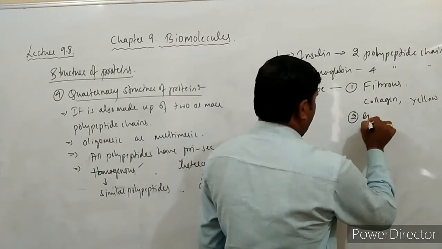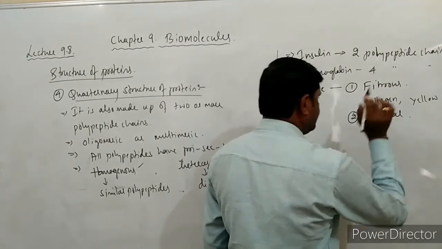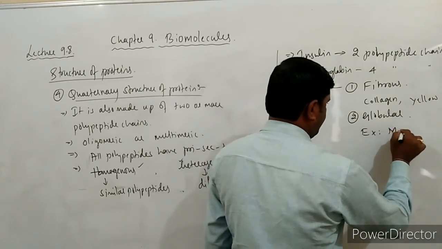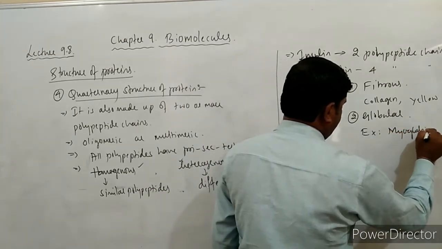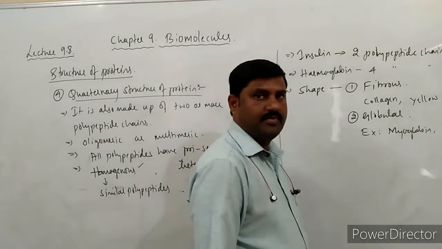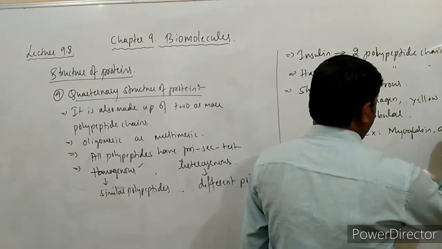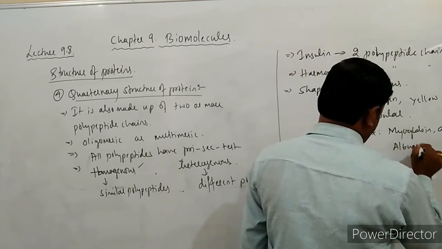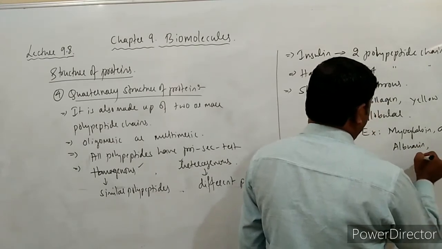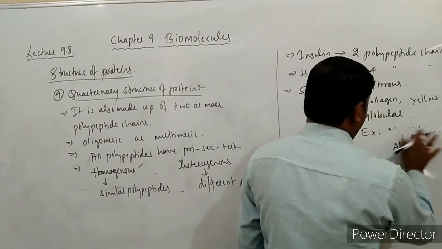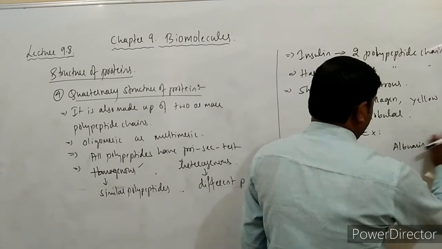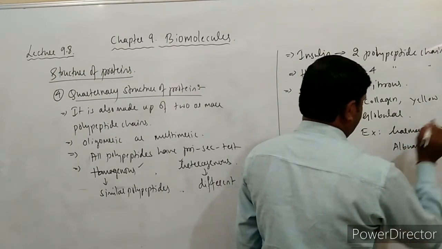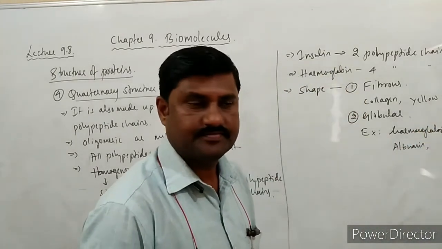And they may sometimes be globular in nature. Examples for this are myoglobin, myosin, actin, egg albumin, and hemoglobin, right?